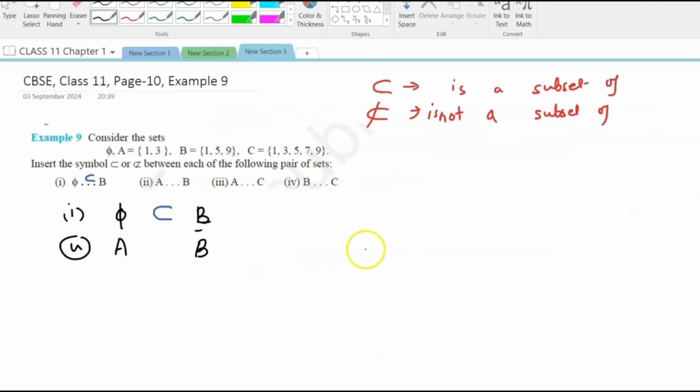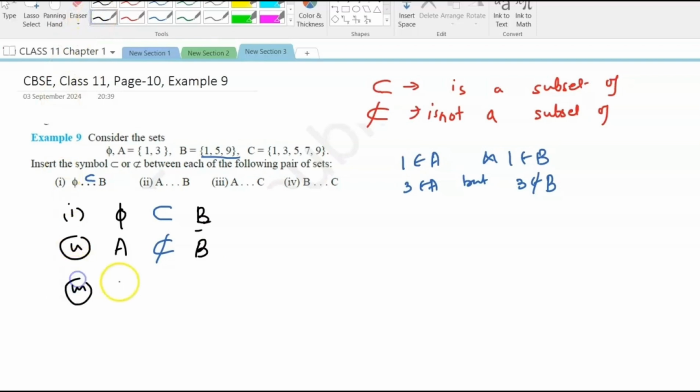Now, 1 belongs to A and 1 also belongs to B, so we are good here. Then 3 belongs to A, but 3 does not belong to B, and that is why A is not a subset of B.